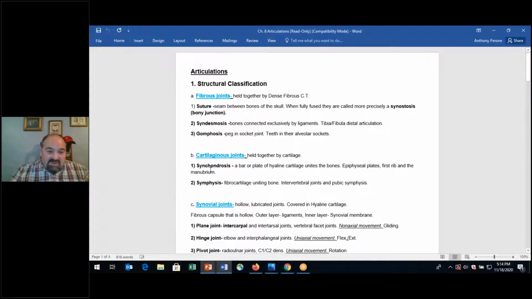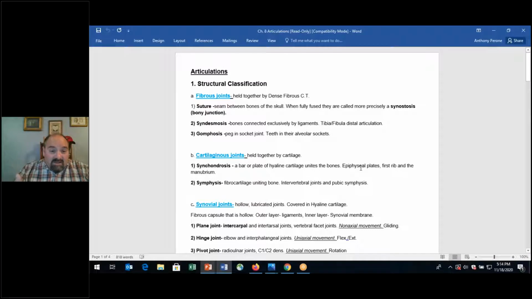Cartilaginous joints, we're thinking of a synchondrosis, which would be a bar or plate of hyaline cartilage that unites bones. So the epiphyseal plates, right? These are the growth plates. This is a temporary synchondrosis, because after maturity, that epiphyseal plate becomes bone, and so it's only an epiphyseal line.